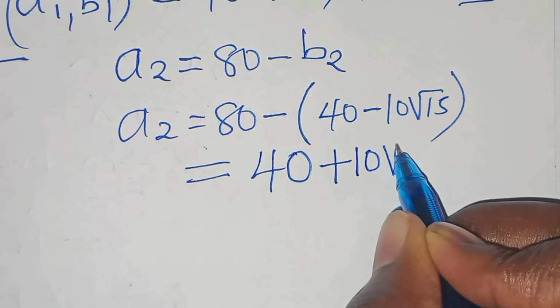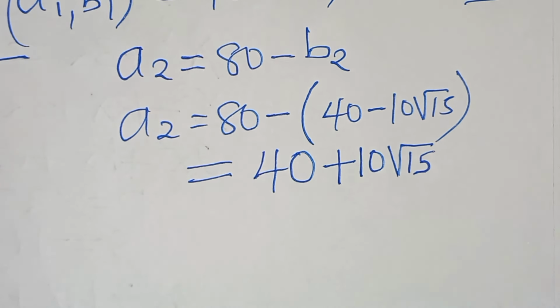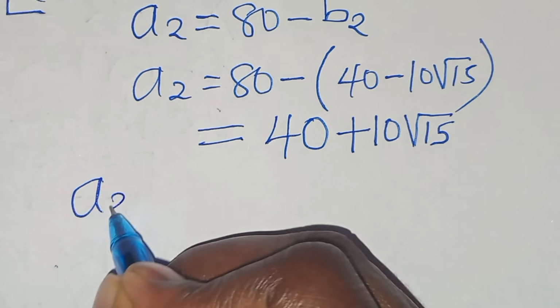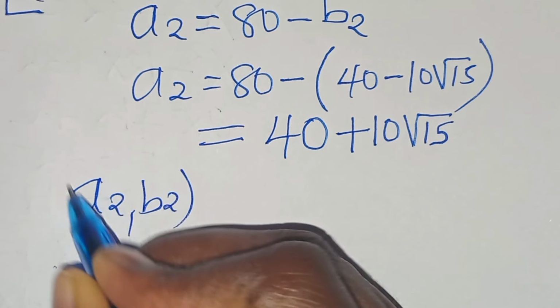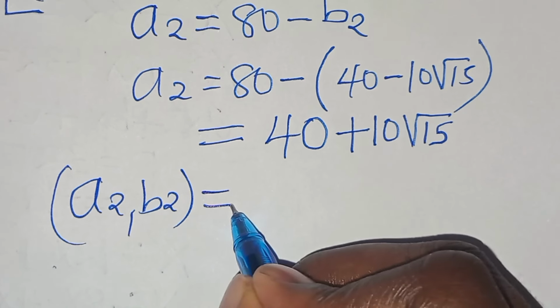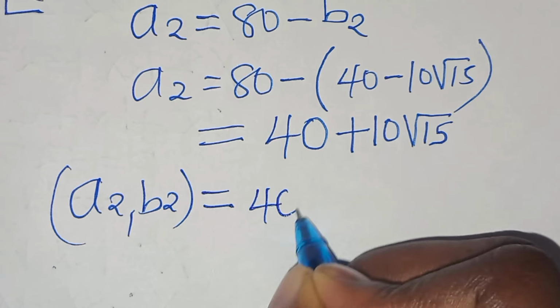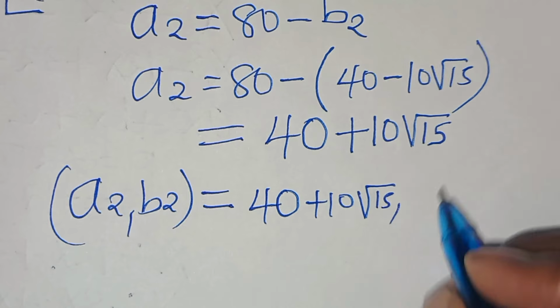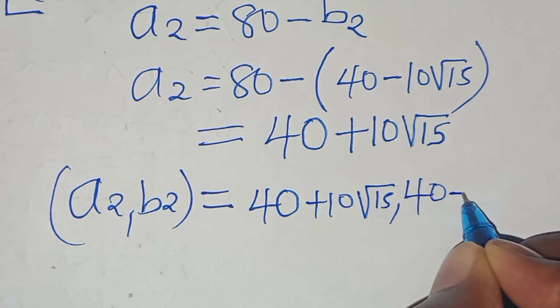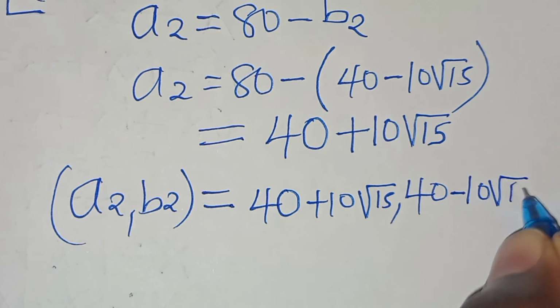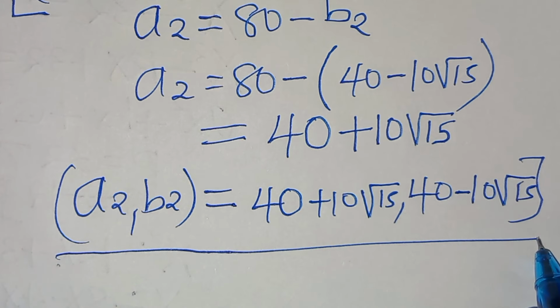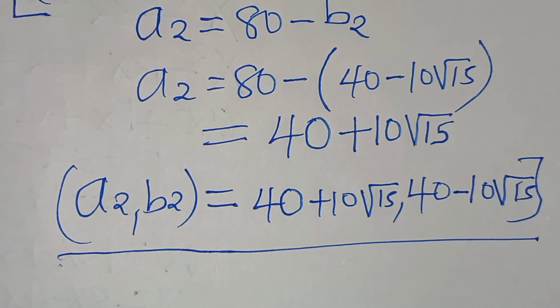So we have plus 10 square root of 15. So we have that a2 comma b2, this is the second set of solution, which is equal to 40 plus 10 square root of 15, and b2, which is 40 subtract 10 square root of 15. So this is the second set of solution that we have for this algebra problem.